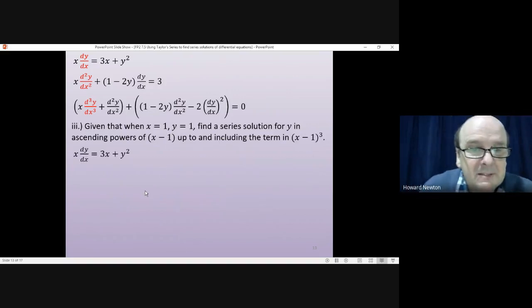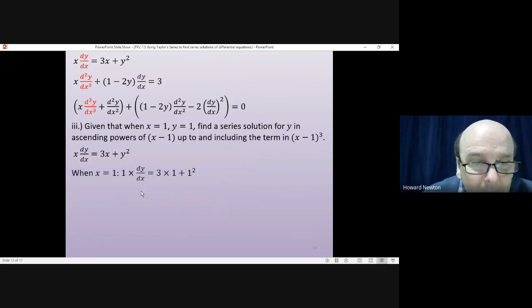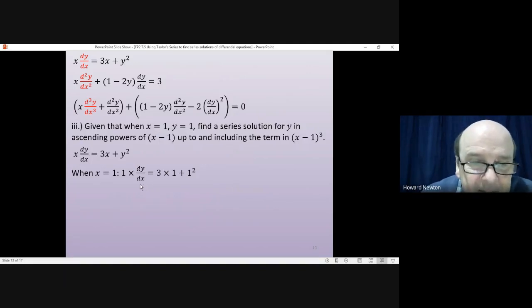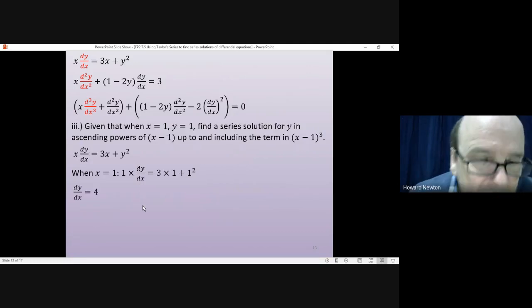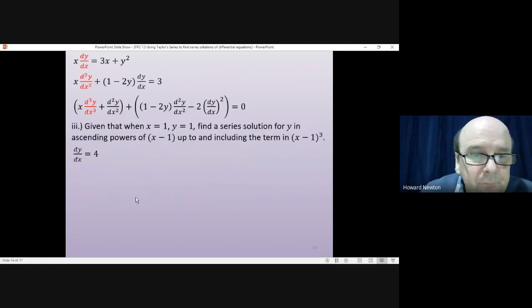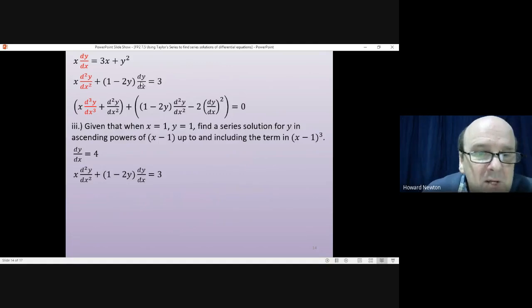x dy by dx is equal to 3x plus y squared when x is equal to 1. So substituting in x equals 1 and y equals 1 into that allows us to work out dy by dx, and that gives us dy by dx is equal to 4 when x is 1. And then to get the second differential, we're using the second equation.